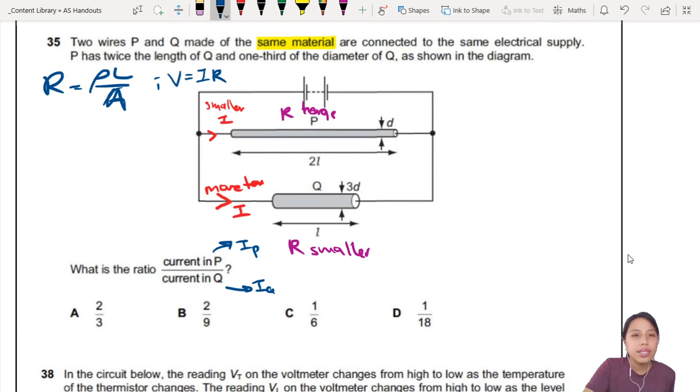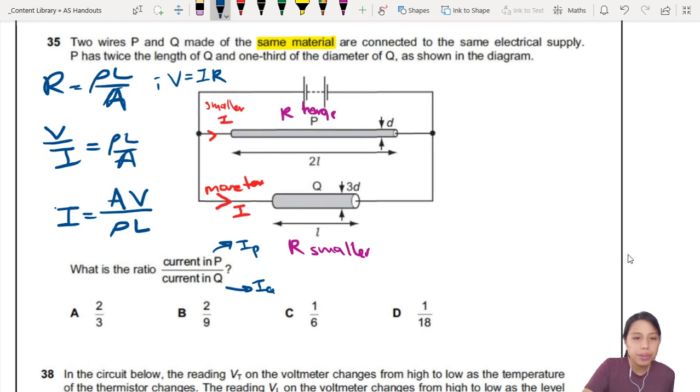So we need to rearrange this. R is V over I equals rho L over A. Let's rearrange for current: current will be AV over rho L.